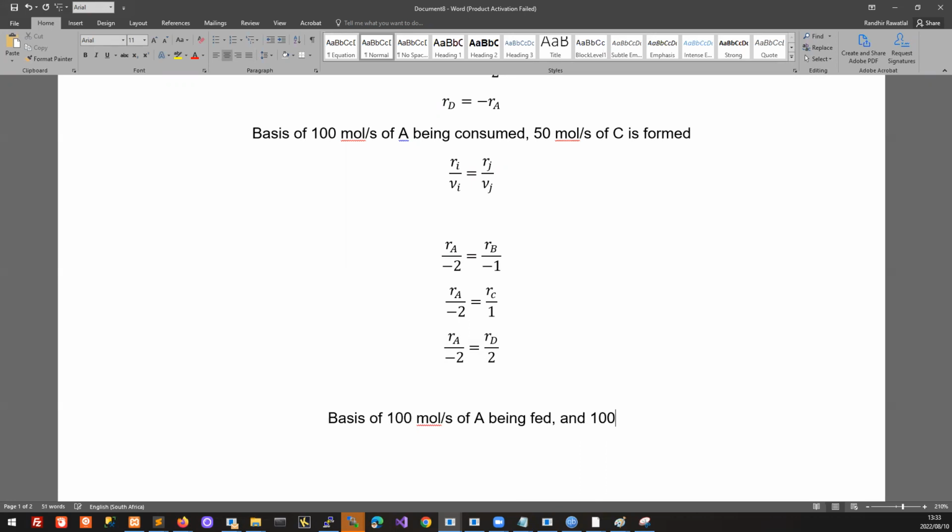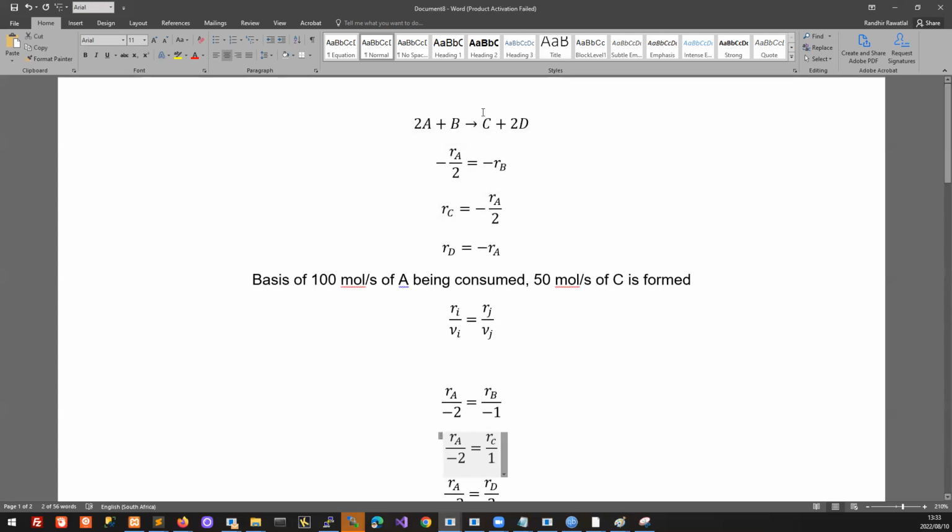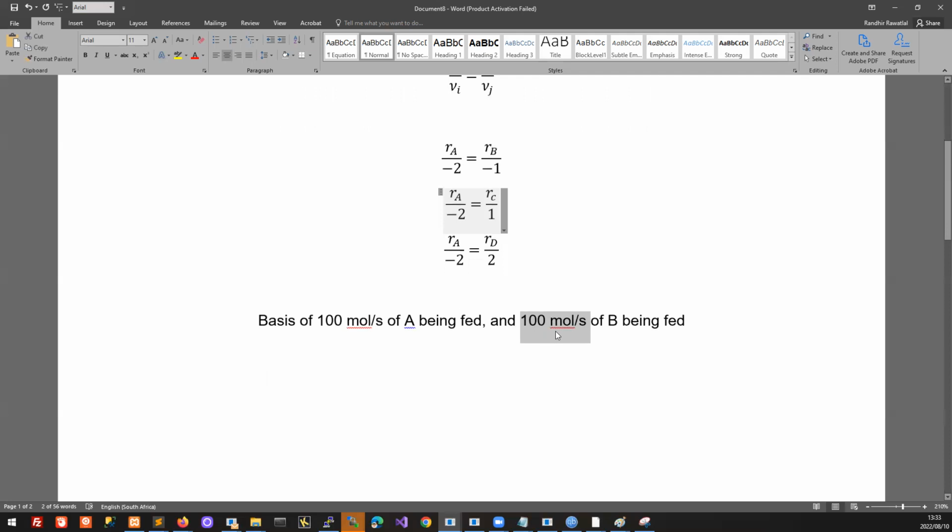And also let's say 100 moles per second of B being fed. And you would automatically want to tell me, well, don't feed 100 moles per second because B is consumed half as fast, so you only need half as much. So I'm deliberately not wanting stoichiometric amounts here, right? So let's see what we get.